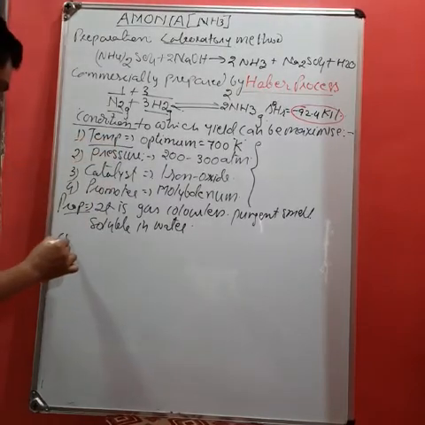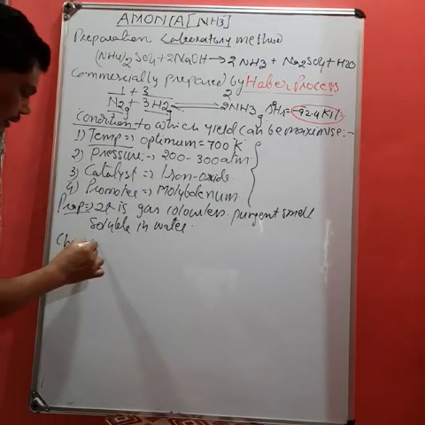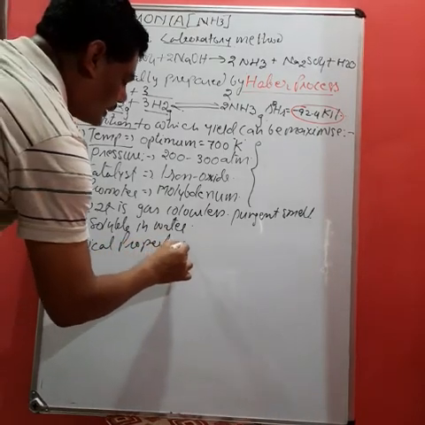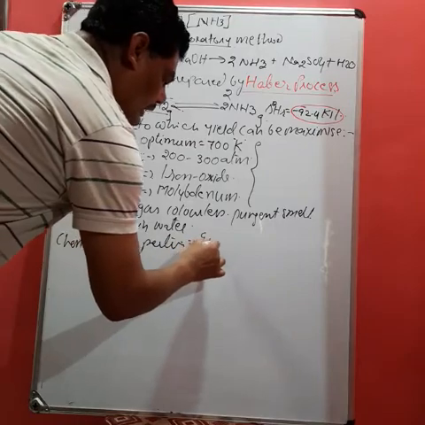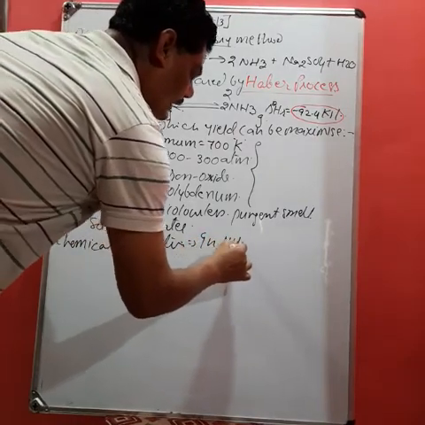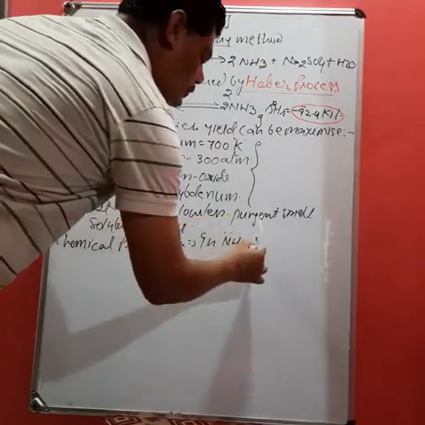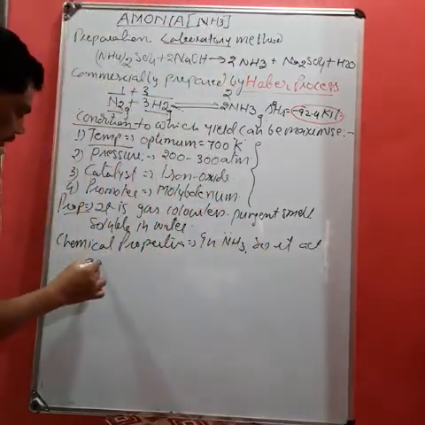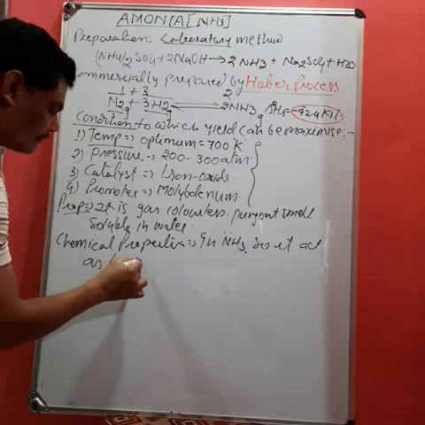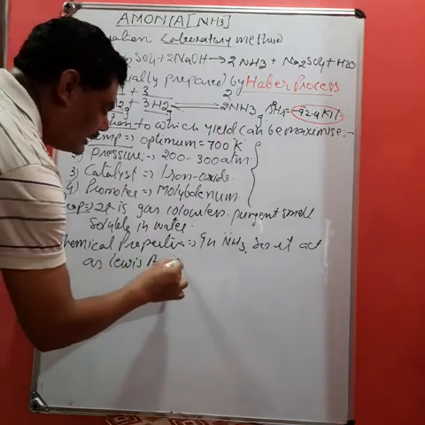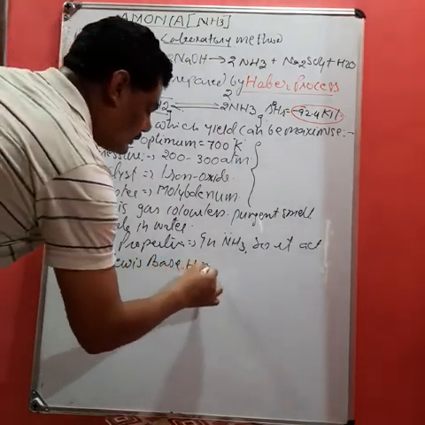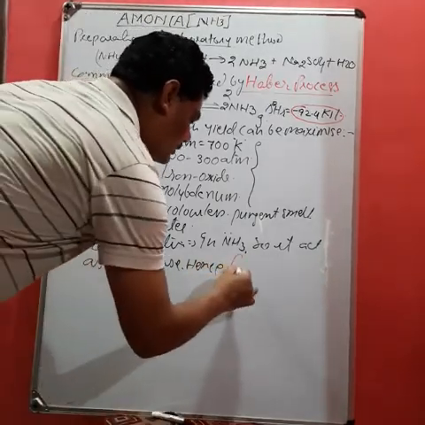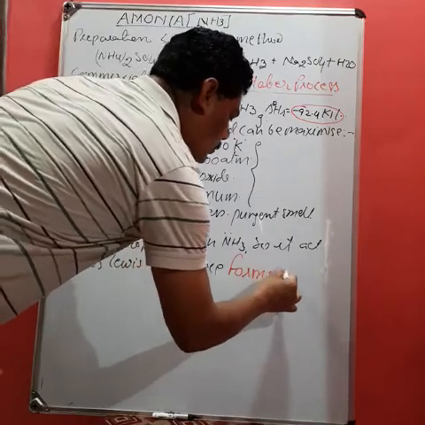Okay, chemical properties. In ammonia NH3, there is a lone pair, so it acts as a Lewis base. Lewis base, hence forms covalent bond.